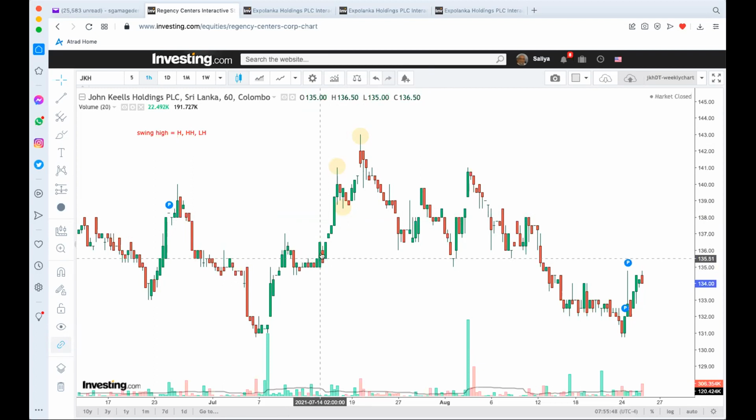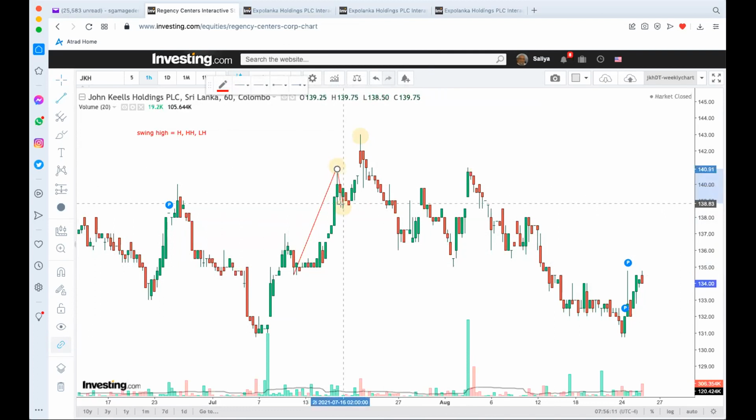Then I showed you how to make use of the lows and the highs to find the waves, this low to this high. Then I said there are distances in the ranges, in the waves, right?